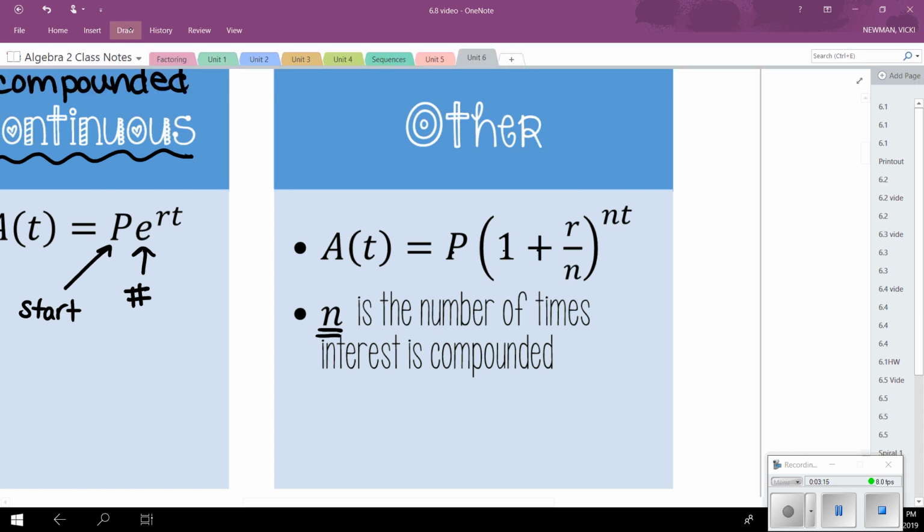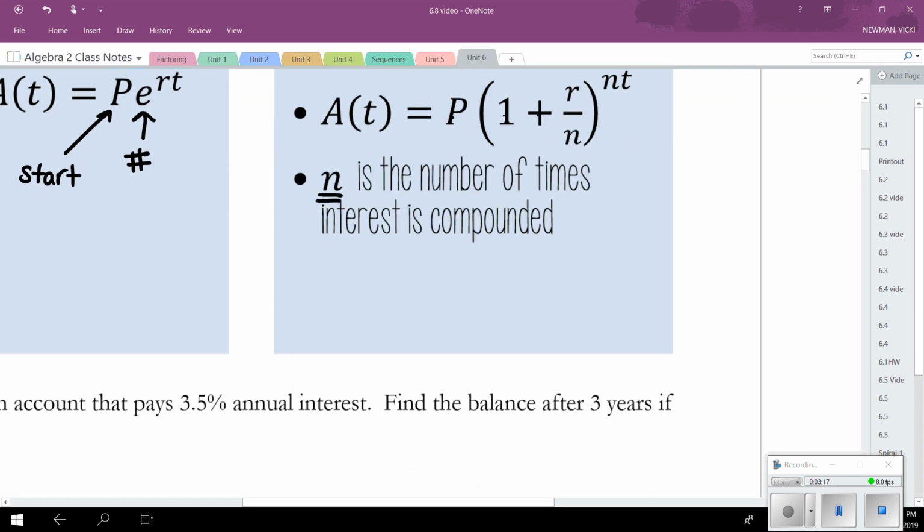So that n value has to be put in 2 places. Really what we need to make sure is that we know what kind of numbers we're using for n. If it says quarterly, quarter means n is 4. Monthly, you should know that there are 12 months in the year.